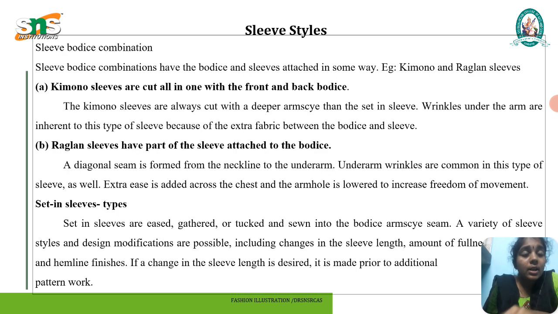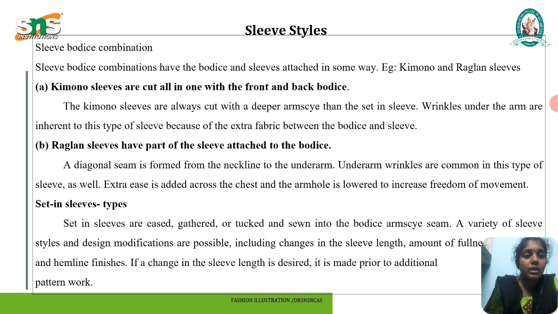Next one is the sleeve and body combination, which means the sleeve and body are cut directly as one piece, without cutting those two parts separately and joining them, directly from the shoulder to the sleeve portion. It is directly cut. The sleeve body combination is mainly in kimonos and raglan.